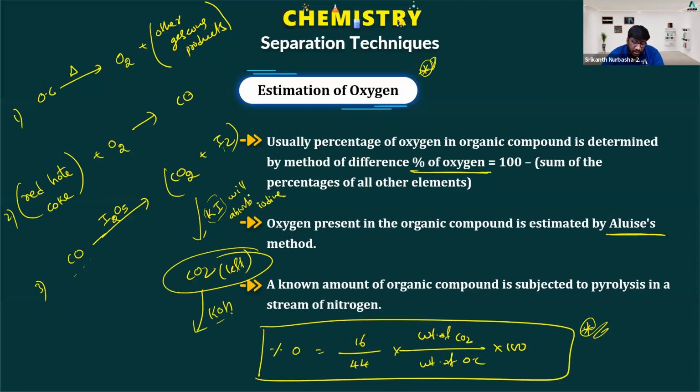KI will absorb iodine and leave CO2. The CO2 left out is absorbed by KOH. Based on the increase in the mass of KOH, we find the weight of CO2. So percentage of oxygen is equal to 16 divided by 44, into weight of CO2 by weight of organic compound, into 100.